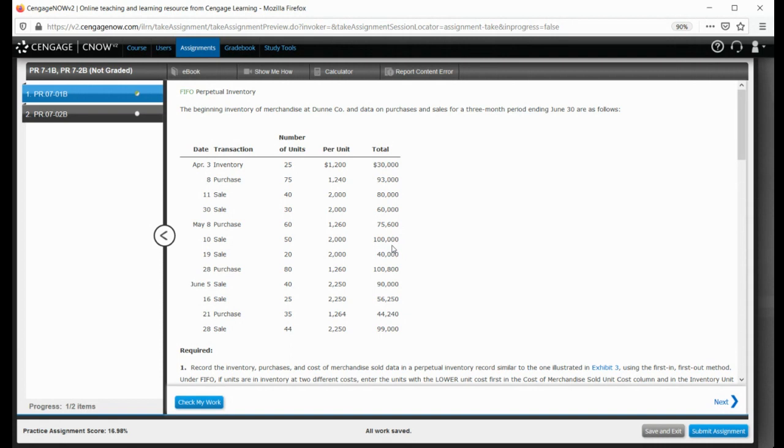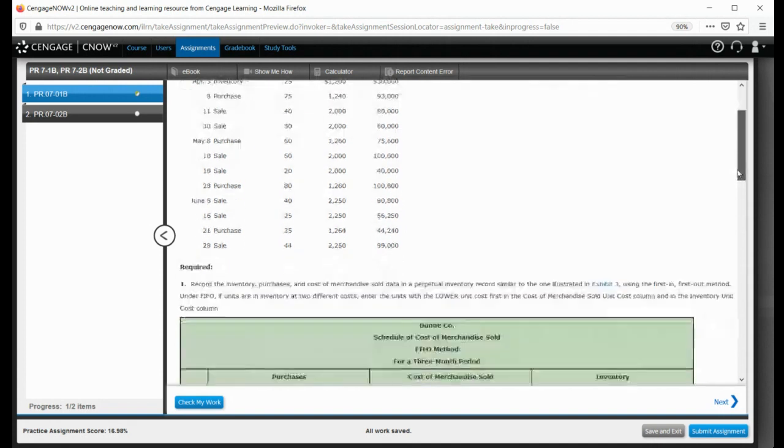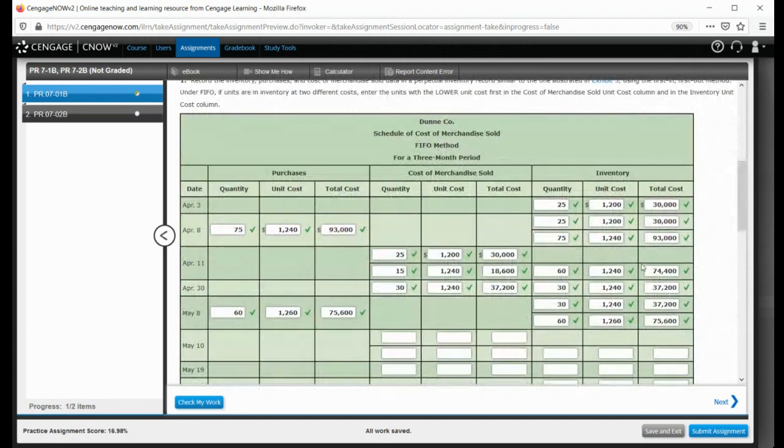Because we're using the perpetual system, every time you make a sale, you create two journal entries, one to record the sale that we just talked about, and one to update the merchandise inventory. So before we can update the merchandise inventory, we have to complete our inventory record, and that is the inventory cost card that we're going to be working with.